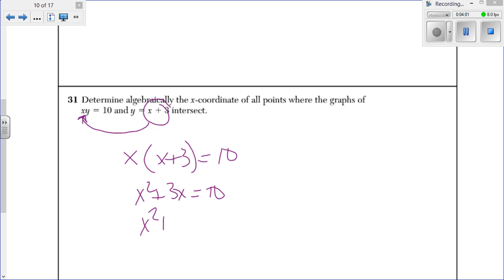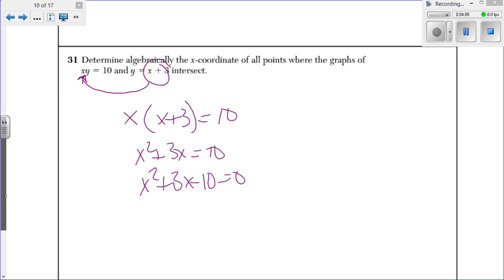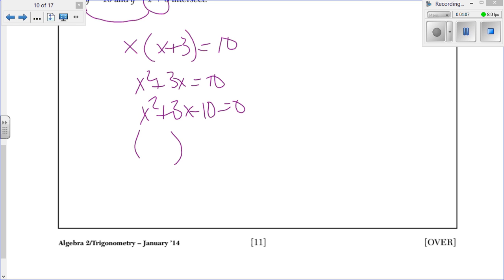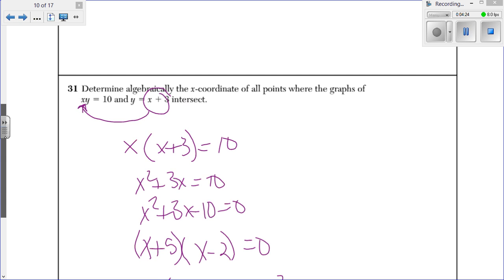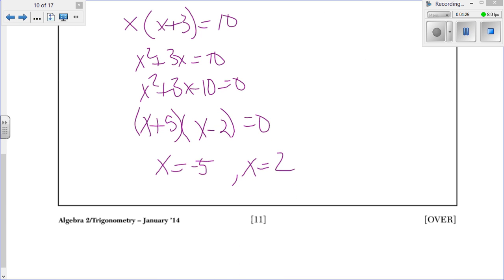So x squared plus 3x minus 10 equals 0. Going to factor. x plus 5, x minus 2. So x equals negative 5 and x equals 2. And those are my 2 values. I don't think we have to worry about checking anything. Nope. That would be good.